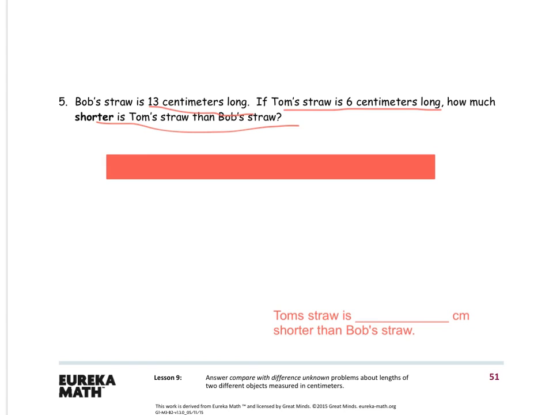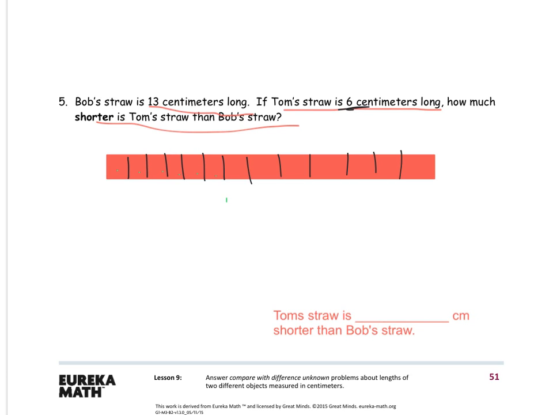And I know if I'm trying to make 13, I need 12 partitions. Not exactly equal in there, but I tried my best. Now we're going to take a look at Tom's, which is 6. So I'm going to count off 6 here. 1, 2, 3, 4, 5, 6.